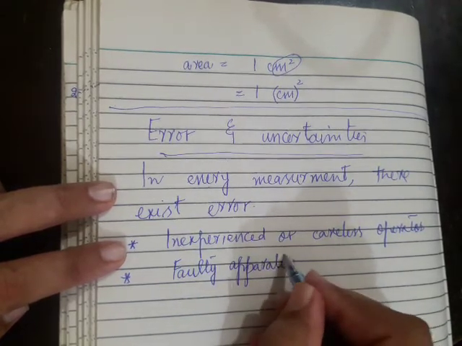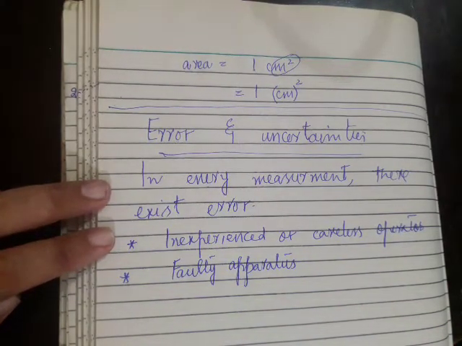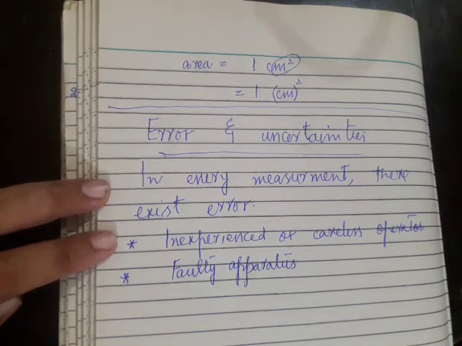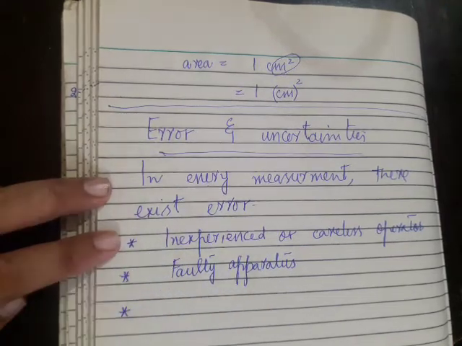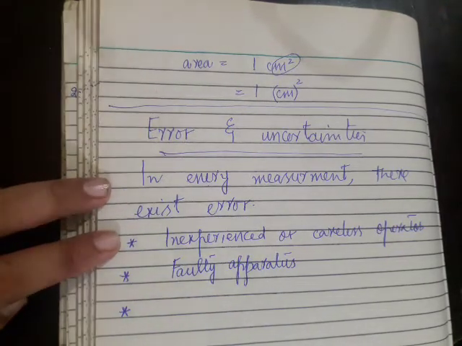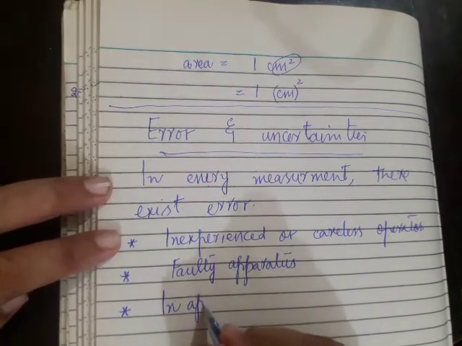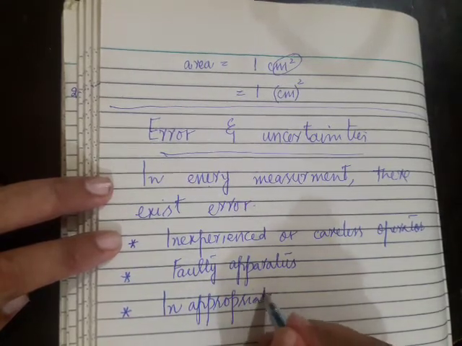The instruments are not of good quality, or maybe they developed some type of fault or error due to overuse or for any other reason. Next is inappropriate method.